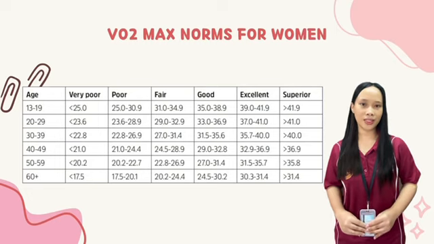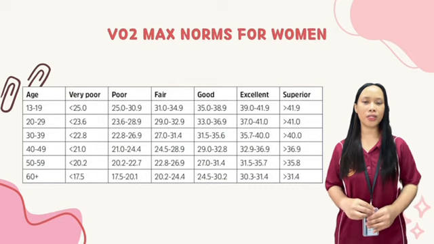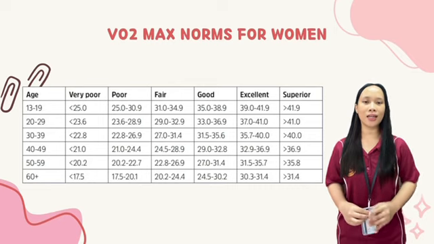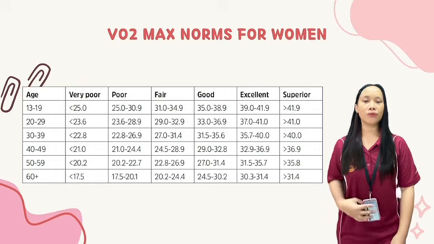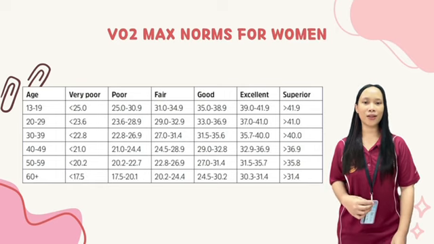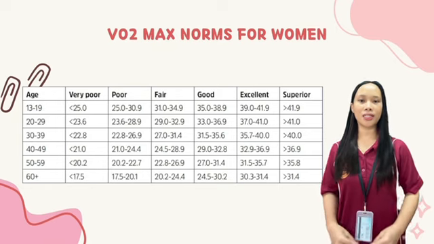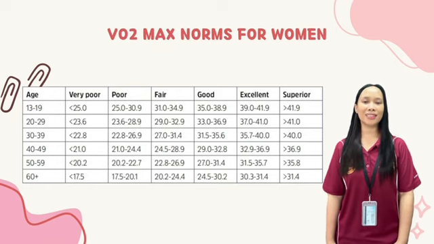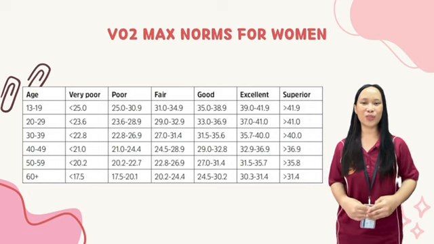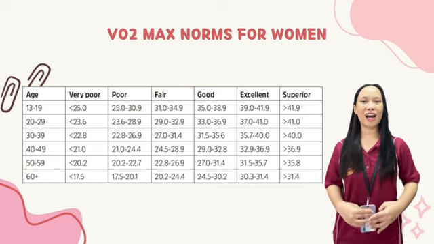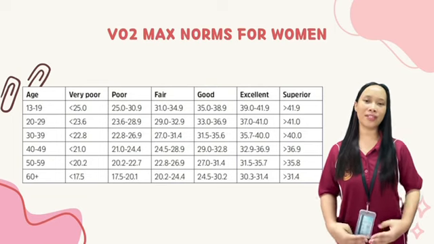For example, for women in their 30s, very poor is below 23 and superior is above 40. For women over 60, very poor is below 18 and superior is above 31.